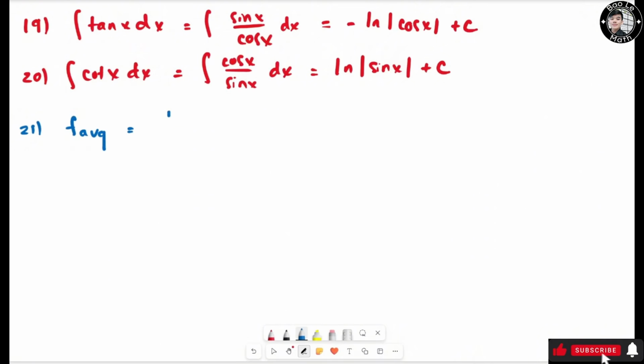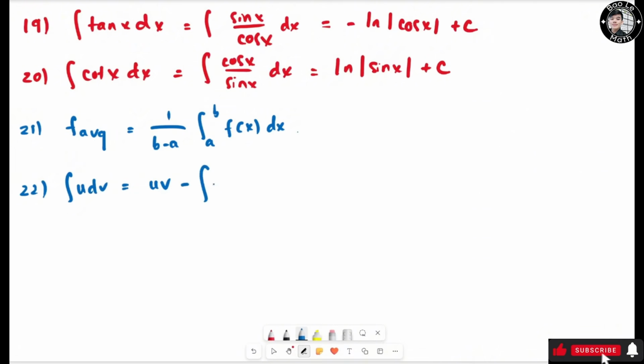It's going to be 1 over b minus a, times the integral from a to b of f of s ds, right? Number 22, integration by parts. The antiderivative of u dv is going to be u times v minus the antiderivative of v du, right?